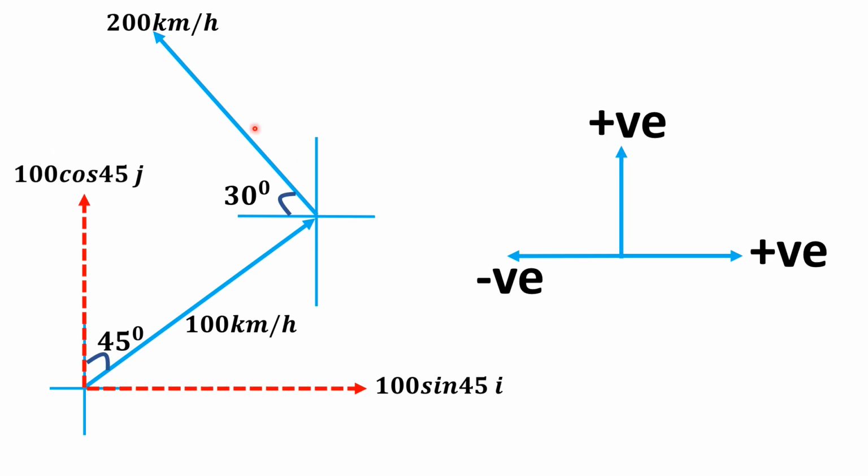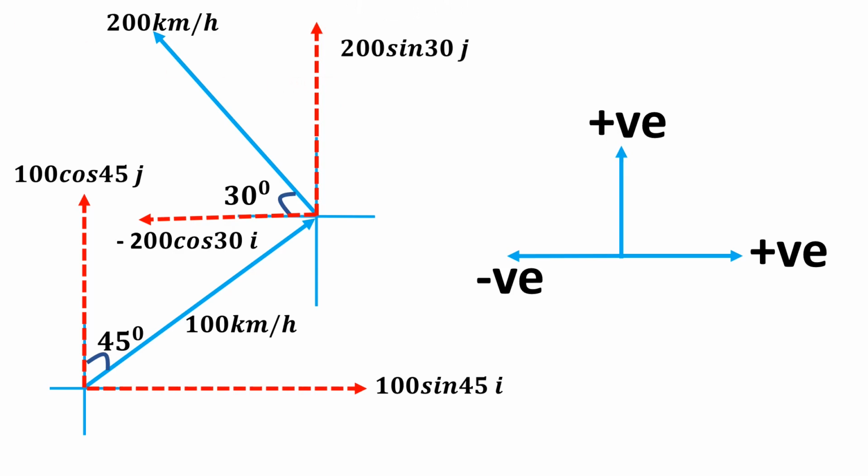And if we resolve the velocity of B for the horizontal component, we are going to obtain negative 200 cos 30 i, and for the vertical component, we are going to obtain 200 sine 30 j.